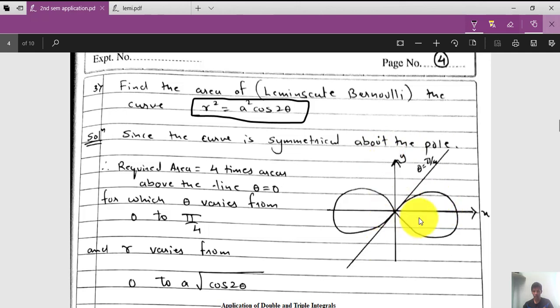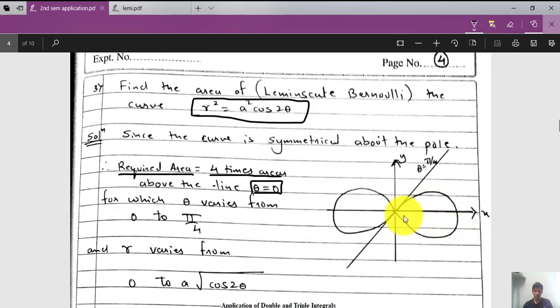if you fold this paper from top to bottom or bottom to top, either vertically or horizontally, the loop will be the same. So it will be symmetric about the pole. Now the required area is 4 times the area above the line theta is equal to 0.